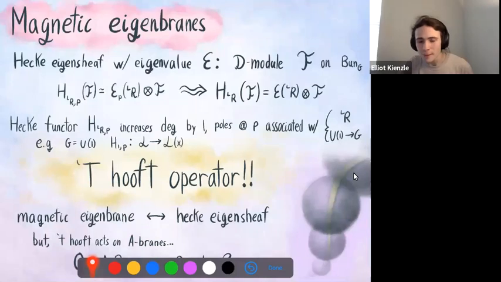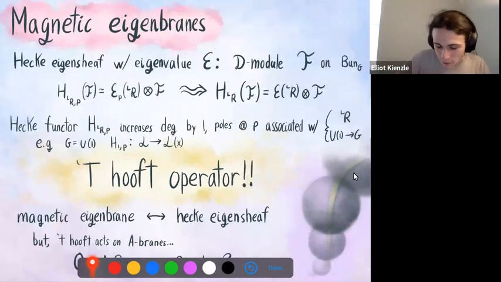Okay. Now let's talk about magnetic eigenbranes. And I'm actually going to start by going back to Hecke stuff. I'm going to remind you what the definition of a Hecke eigensheaf and an eigenvalue is. It's going to be very reminiscent of something.